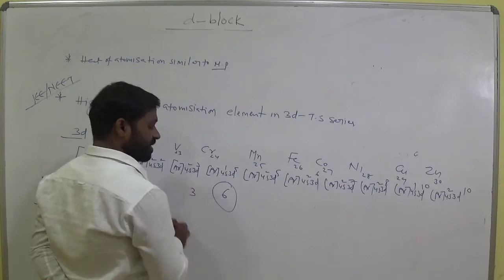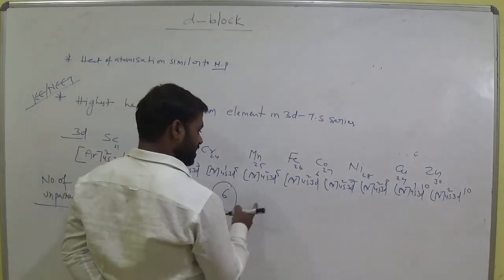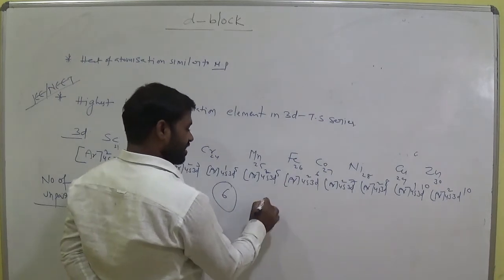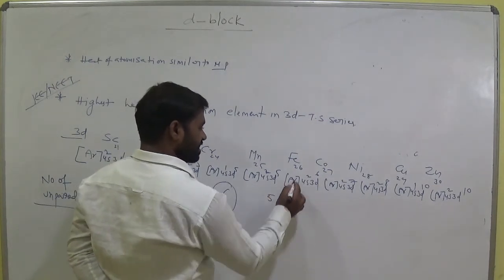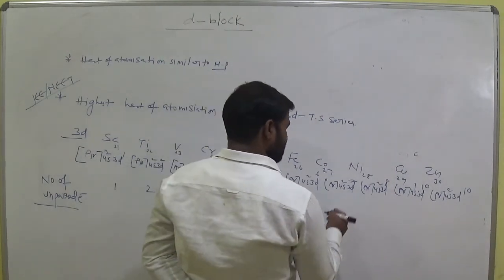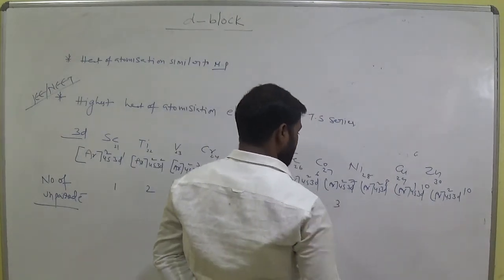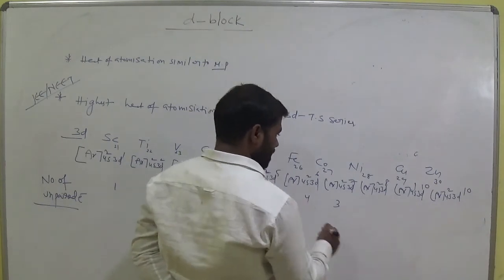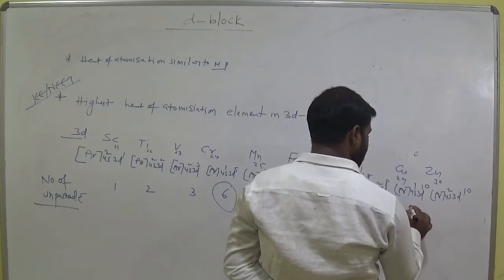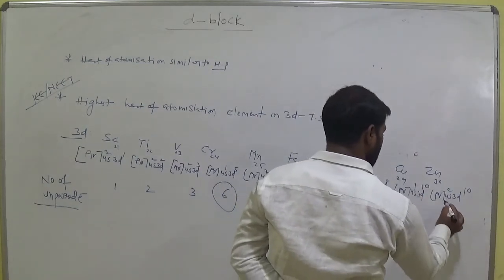So here maximum number of unpaired electrons in chromium, here it is completely filled. How many unpaired electrons in D? 5 for manganese, and iron it is 4, and here it is 3. Okay, and here it is 2, and here it is 1, only 1, here it is 0 almost.